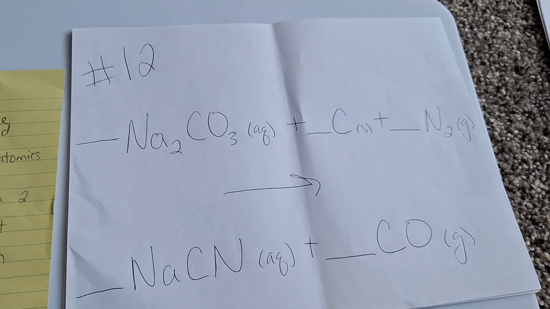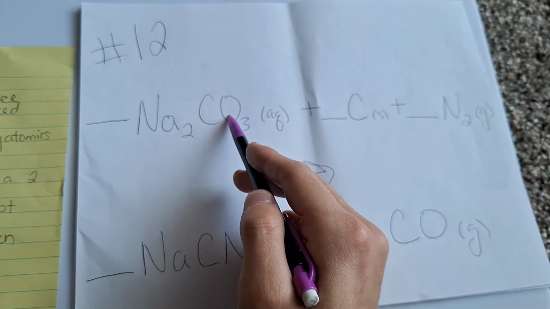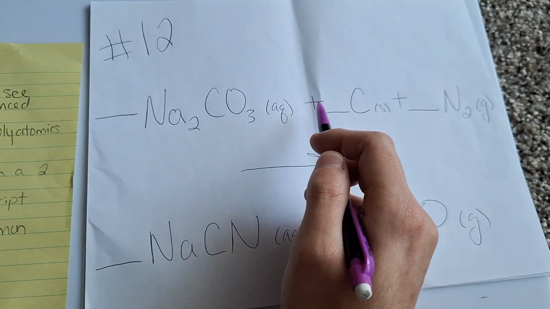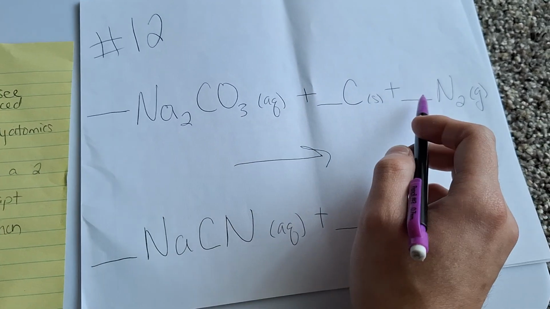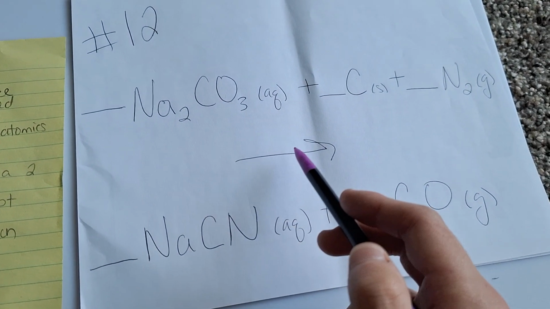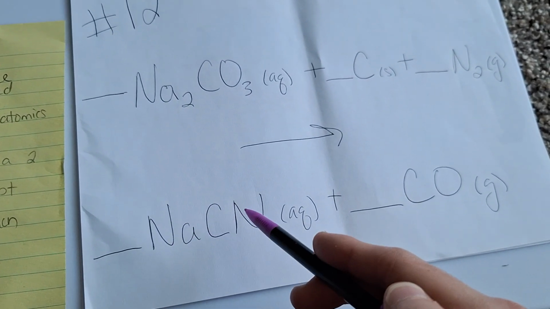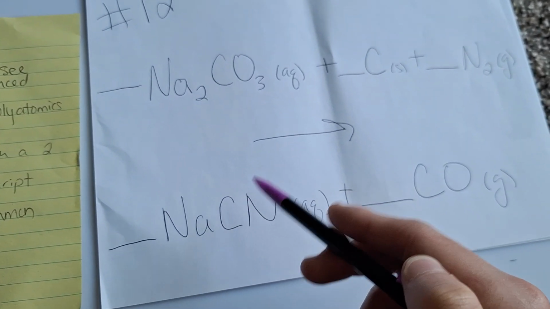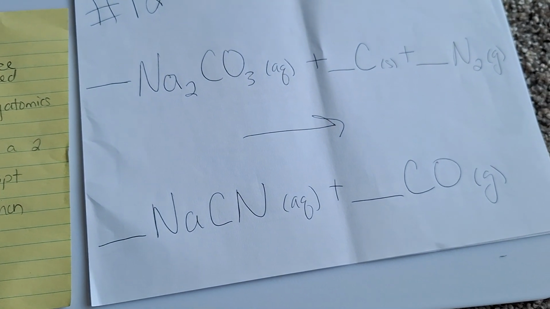Alright, number 12. You got sodium carbonate plus carbon solid diamond plus nitrogen gas react together to produce sodium cyanide, polyatomic, and carbon monoxide. Okay?